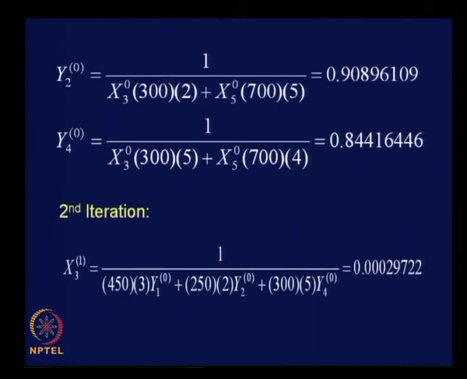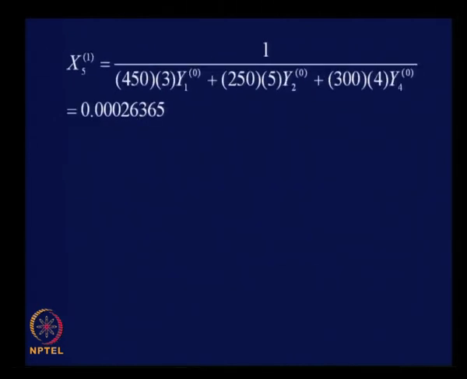For want of space I have not substituted the actual calculated value from the previous iteration, right. So we just substitute the actual value of y10 here, plus 250 into 2 y20 plus 300 into 5 y40. If you do so, you are getting a value of x3 to be 0.00029722, that is the value of x3.